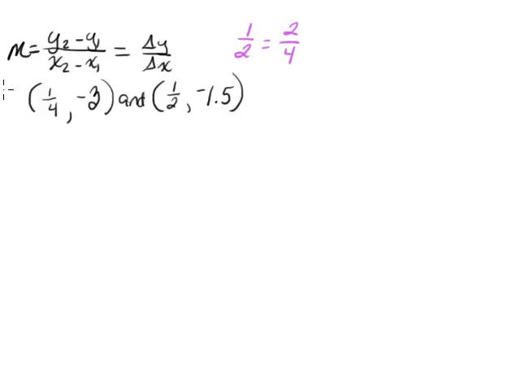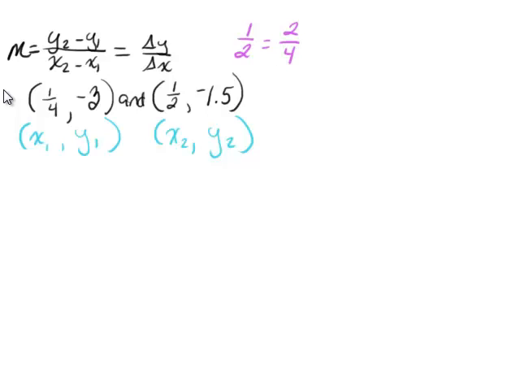Remember, you have to have a common denominator when you're subtracting fractions, so I'm going to keep that in mind. I'm going to make this my x sub 1, y sub 1, and then this is going to be x sub 2, y sub 2.